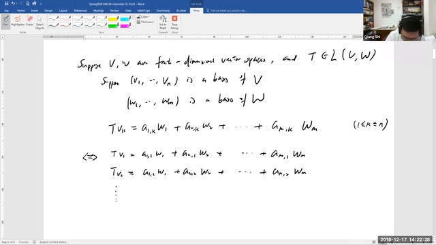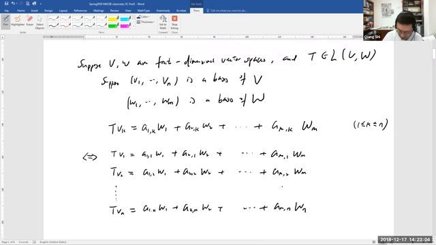Then we keep going, and the last one is T of V sub n, which is A1n W1 plus A2n W2 and up to Amn Wm.